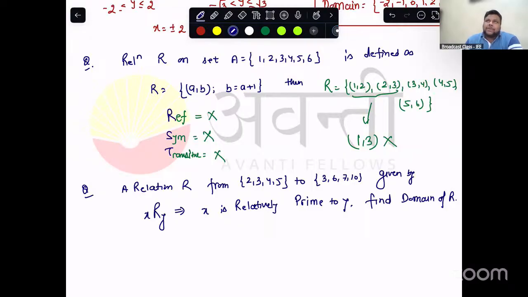As a better example, 4 and 9 will be relatively prime to each other. Understood what is relatively prime?